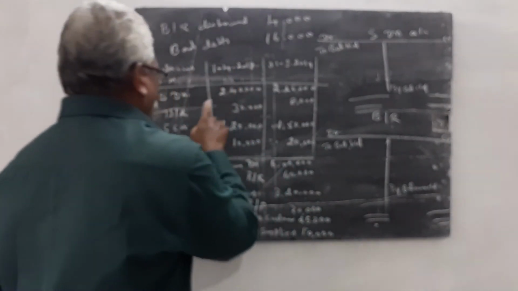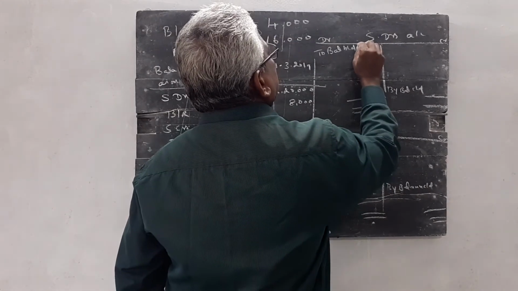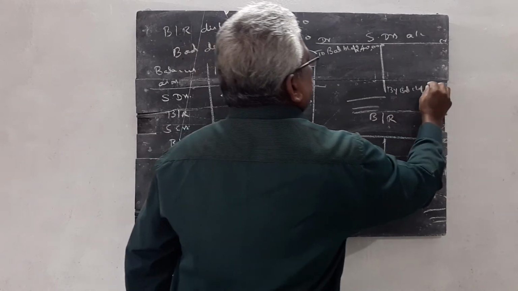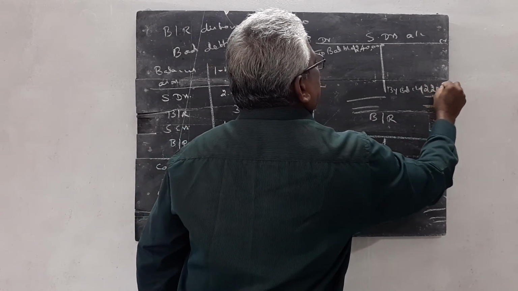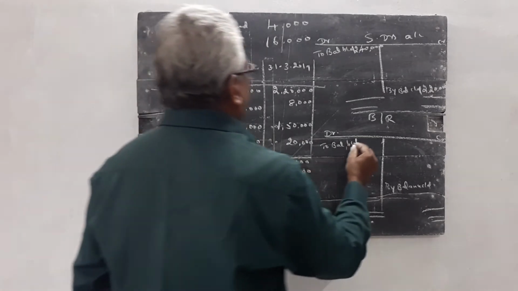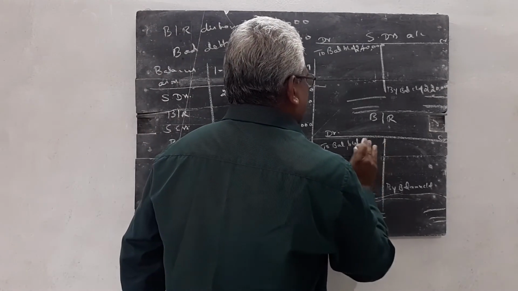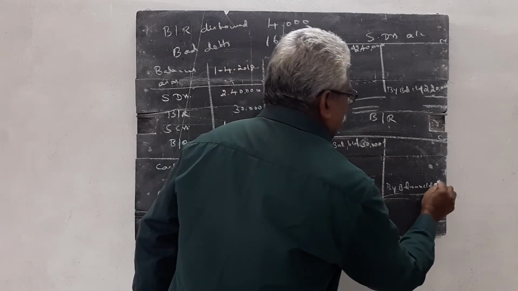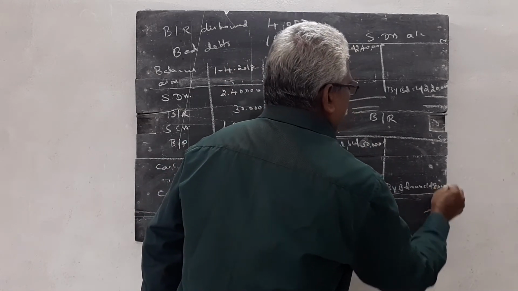First write the opening figures. 2,40,000 is entered here, 2,20,000 is entered here. Then bills receivable opening balance 30,000 is entered here, 8,000 is entered here.